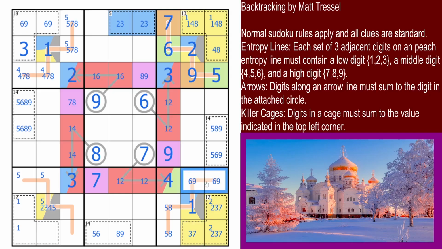Let's remove this. And yeah, let me get this away. 6, 9. So this must be now 5, 8. That's not 5. 5, 8, 6, 9.